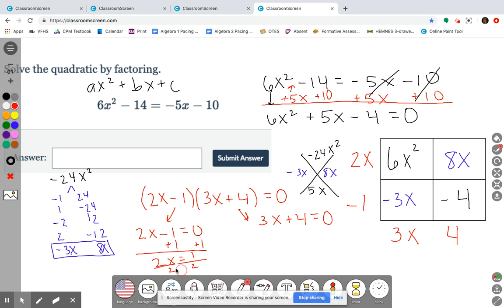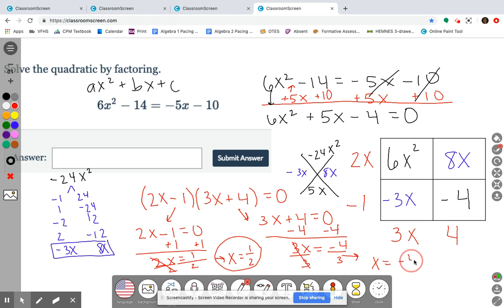Divide both sides by 2. You'll get x equals 1/2. Start this side by subtracting 4 from both sides. You'll get 3x equals -4. Divide both sides by 3. You'll get x equals -4/3.